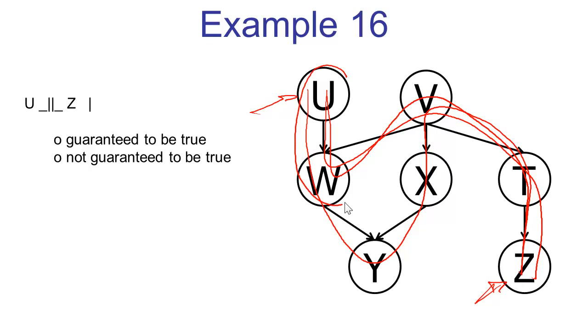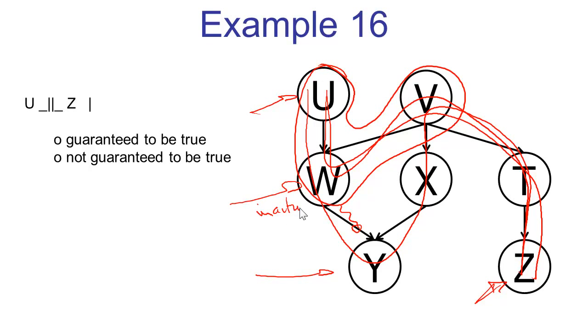The first triple is a V structure, UWV. This V structure has the middle node unobserved. Its descendants, there's just one descendant, Y, is unobserved. This means we have an inactive triple. An inactive triple makes the entire path inactive. So we have verified that the first path is an inactive path.